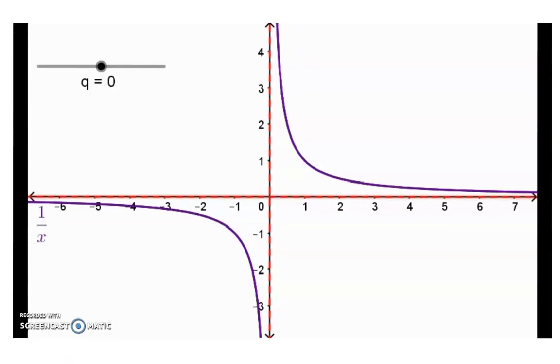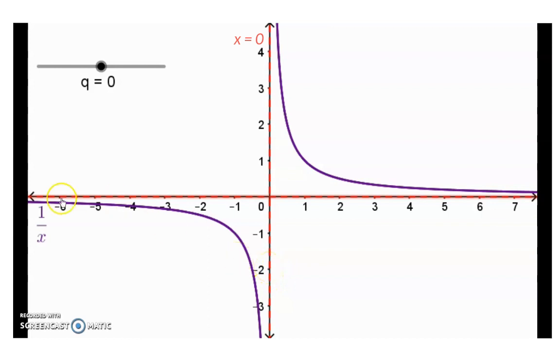With this translation, it is also very important for you to take into account the two asymptotes. Firstly, the vertical asymptote on the y-axis or the line x equals 0. Because the graph is moving up and down, this asymptote stays as it is.